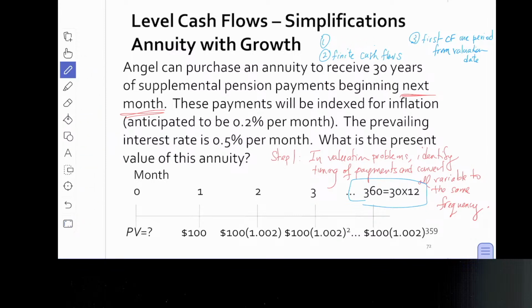I'm going to use CF. So the cash flows grow at a constant rate G, and I'm out of space here.